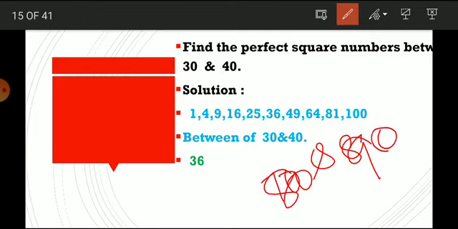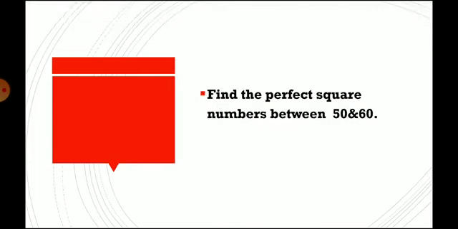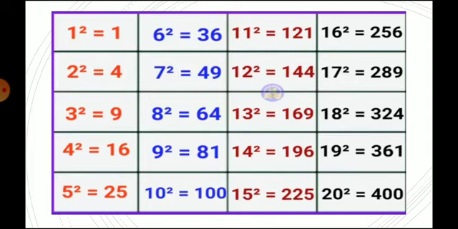Can you guess what it is? 80 after, 9 before. Using these numbers we find that the number is 81. Now see here, find the perfect square numbers between 50 and 60. This is your sum, so you do it in your notebook.